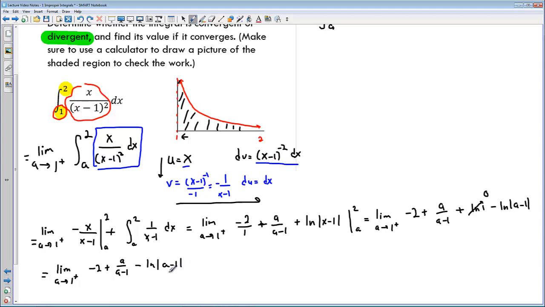And so now when we run a limit through this thing, let's see what's going to happen. Here, this one's not going to change, so you're basically going to get out negative 2. Plus, now what happens when you run a to 1 from the right on this one? Think about this. This is going to be like the number 1. But on the bottom, from the right, you're going to get some little number bigger than 1 here.